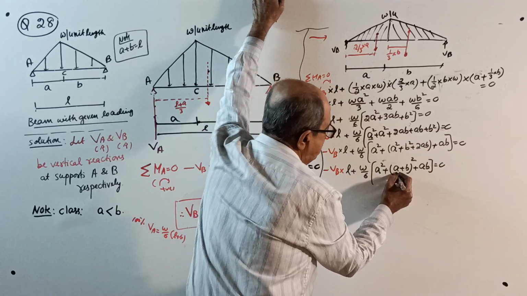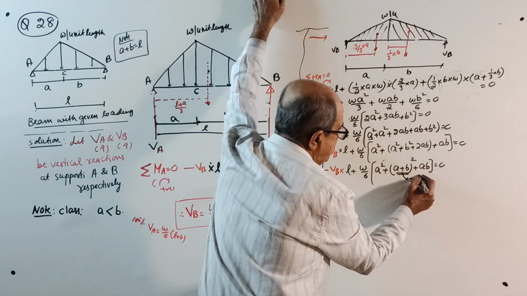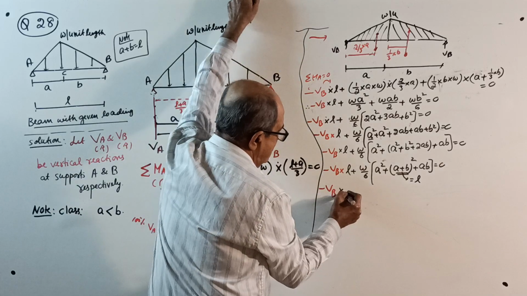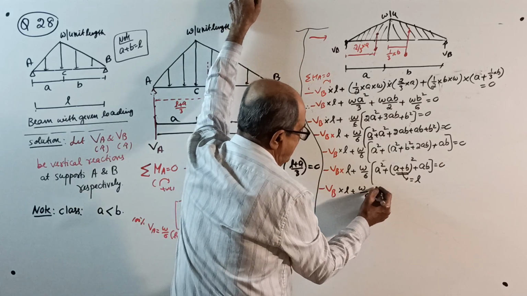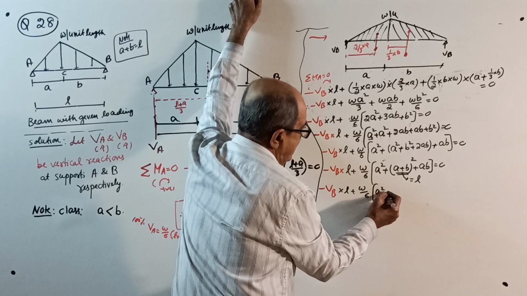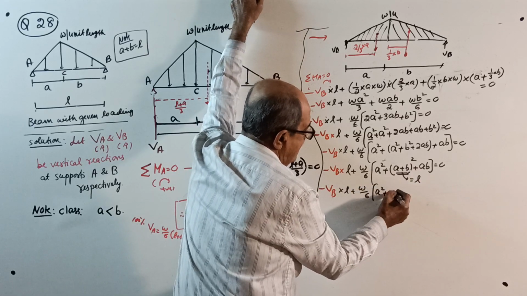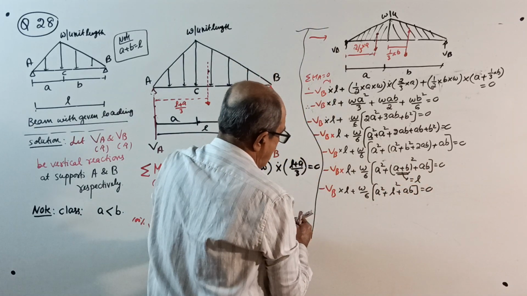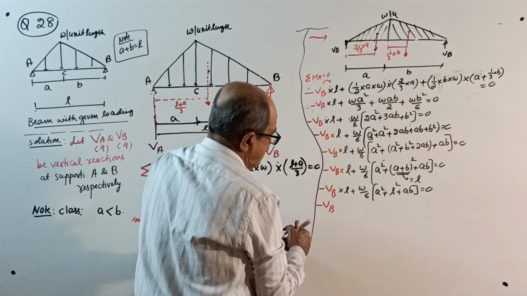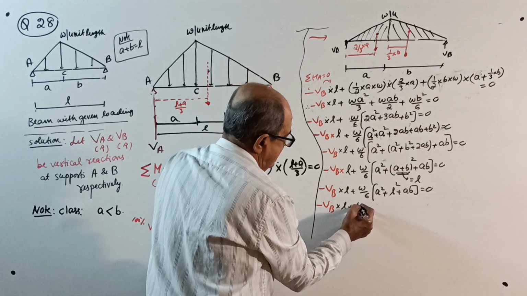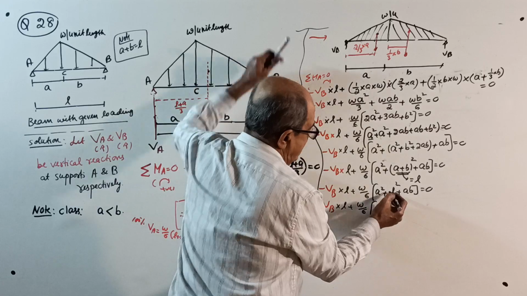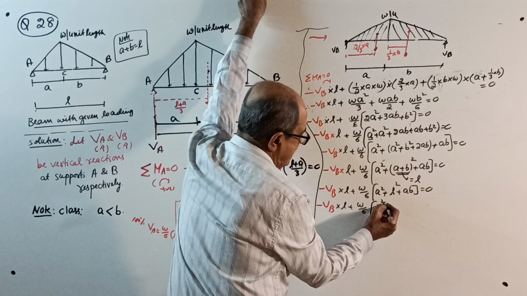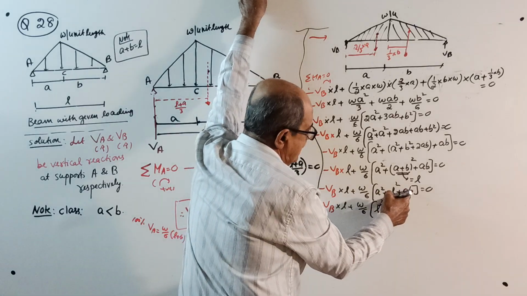But A plus B is nothing but equal to L. Therefore, you get minus VB into L plus W by 6 into A square plus, A plus B is L, L square plus AB equal to 0, or minus VB into L plus W by 6 times, see here, what, L square is there, L square plus A square plus AB.